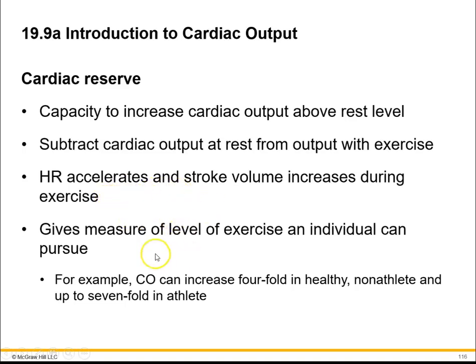What cardiac reserve does is it gives a measure of the level of exercise an individual can withstand. So, for example, the cardiac output of a normal, healthy, non-athlete can increase about 4-fold, and it can increase up to about 7 times in athletes.